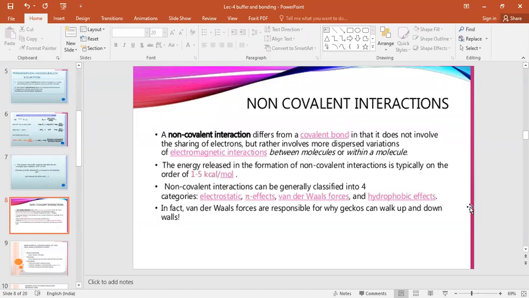I already told you about the hydrogen bond in the last lecture when I taught you water structure, what is meant by the hydrogen bond and what is its dissociation energy. There is a difference between covalent bond and the non-covalent bond. Covalent bond is the strongest bond.